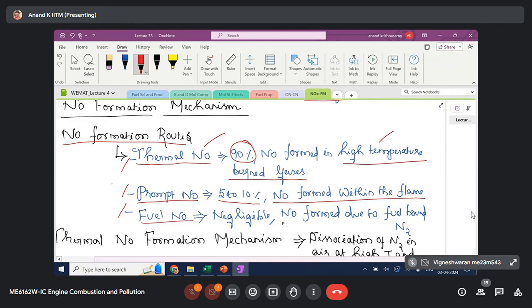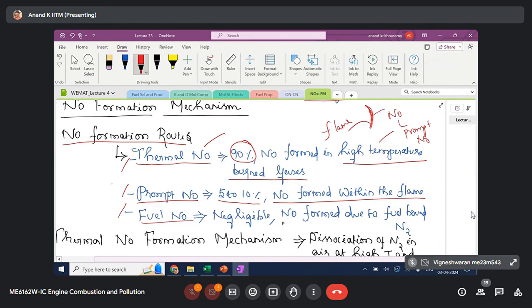Prompt NO is formed within the flame. You know we have a thin flame. This is a typical flame, and prompt NO is NO formed within the flame zone or chemical reaction zone, and its contribution is around 10%. Why it is such a low value, we'll discuss.